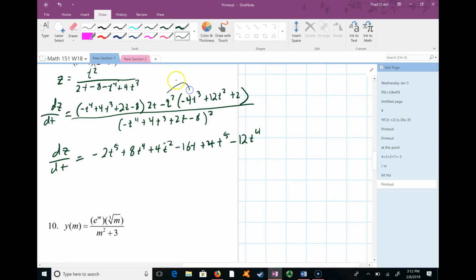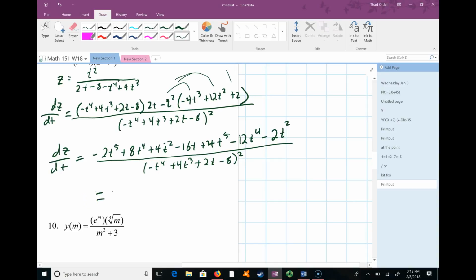I'm just distributing this thing now. Minus 2t squared. All of that is over my negative t to the fourth plus my 4t cubed plus 2t minus 8 squared.